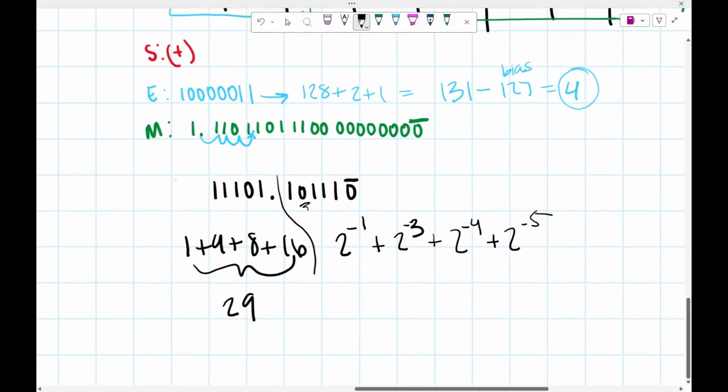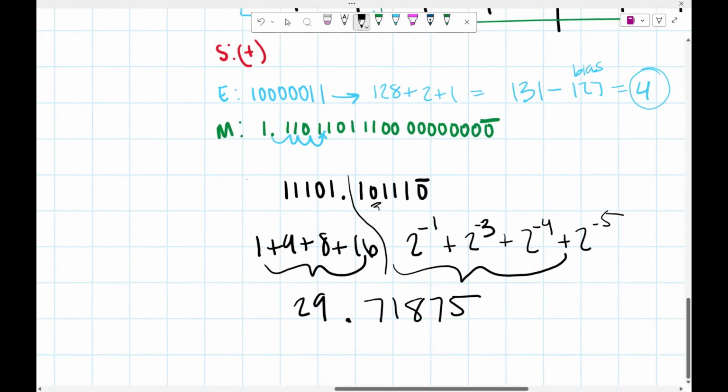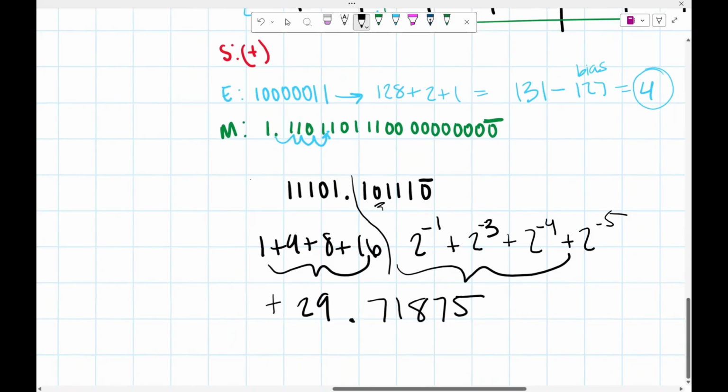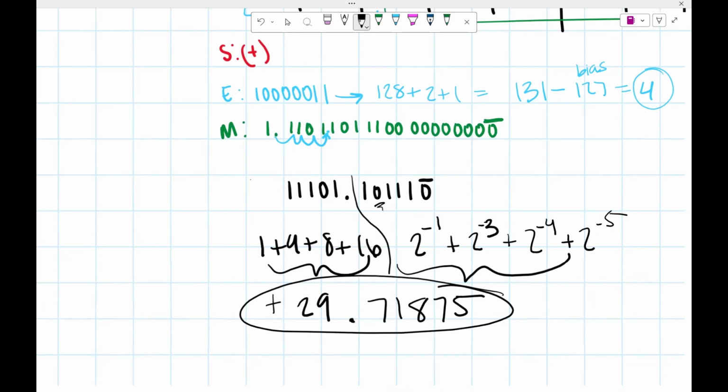Let me put that in my calculator. And this gave me in my calculator 71875. And it's positive, so remember it's positive. So that's our answer for that one. Yeah, it's right.